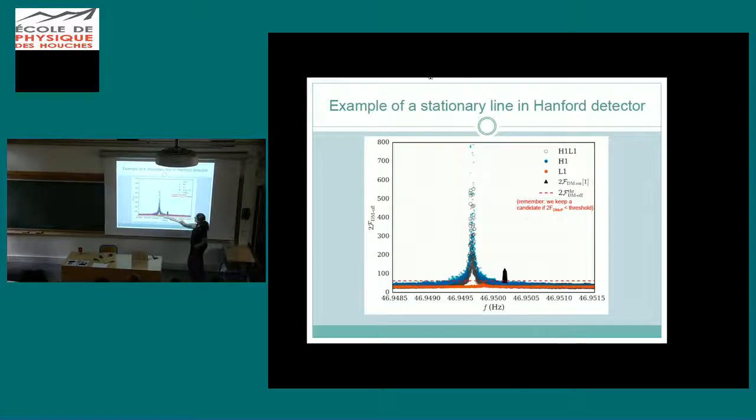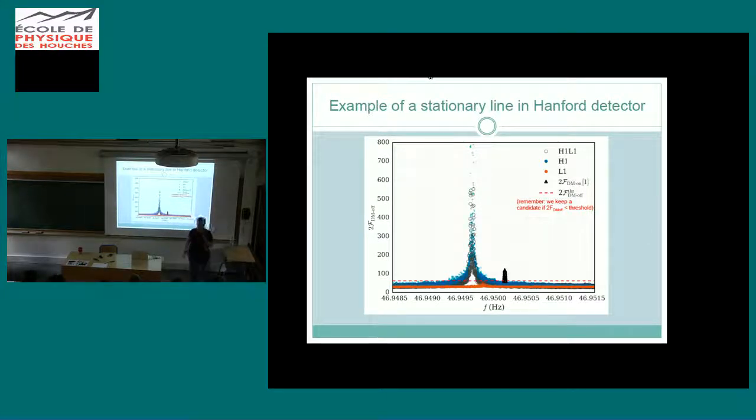This is frequency, and this is the detection statistic, okay? And this is where this candidate was, 46.95 something hertz, and this is the value that we got from a multi-detector, fully coherent search.